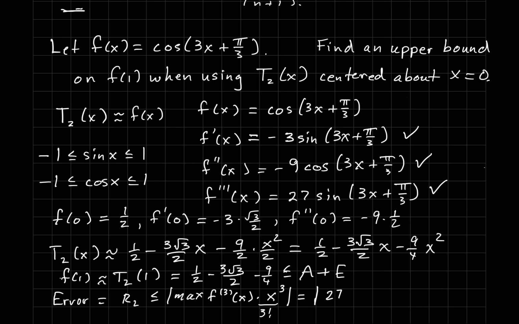And then we're at 1, so I do 27 times 1 cubed over 3 factorial, which is 27 over 6, or 9 halves. Which means that f of 1 is no more than my approximation plus 9/2.